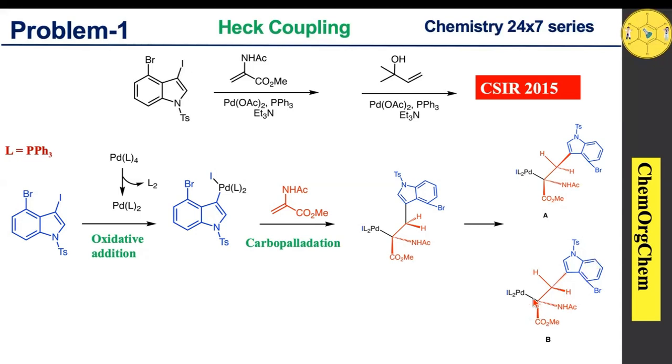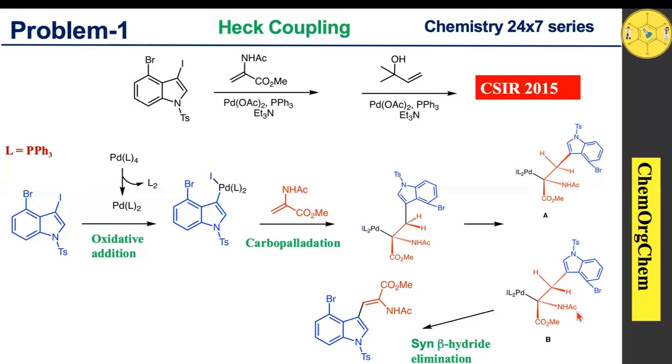Therefore, this one readily undergoes syn beta hydride elimination, which produces the corresponding alkene product. Now you see the indole part as well as the NH acetyl group are both present cis to each other. Why is this form the most preferred form? Since now you compare the steric nature between the ester as well as the NH acetyl group.